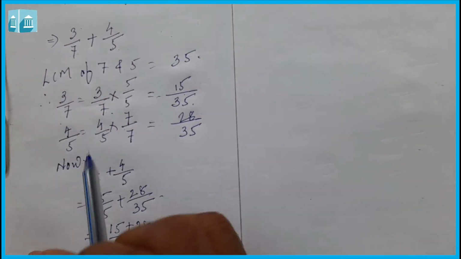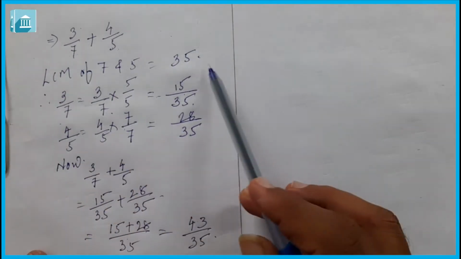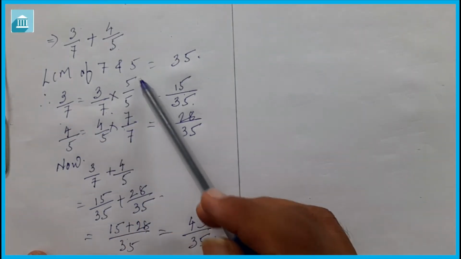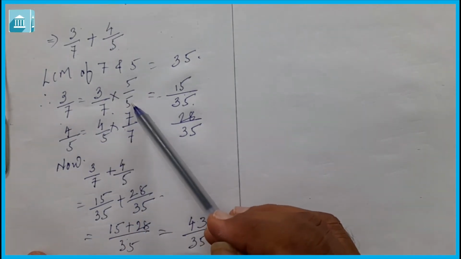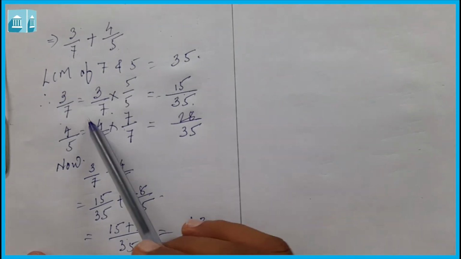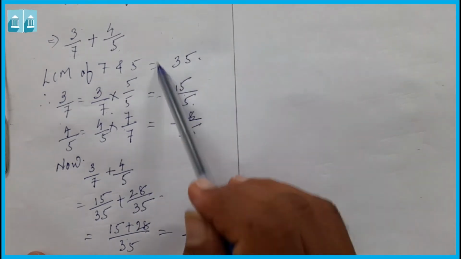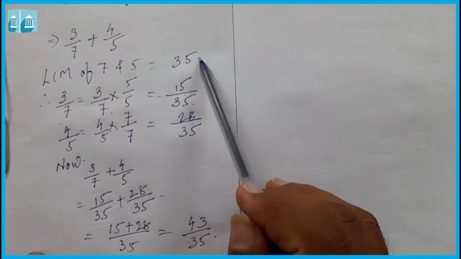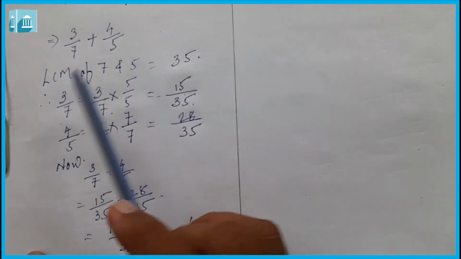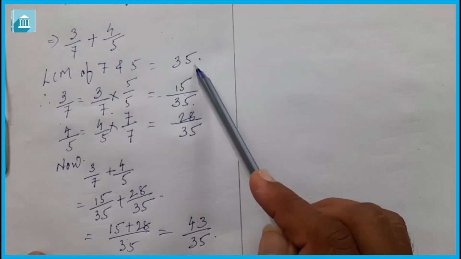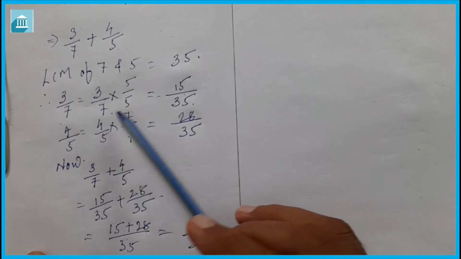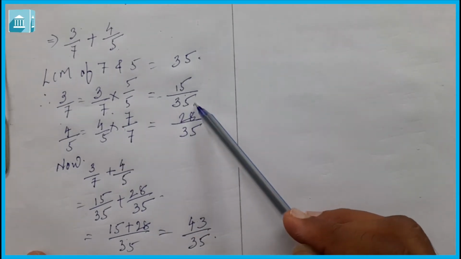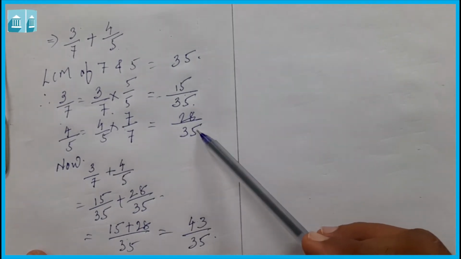To add unlike fractions, first we have to convert them into like fractions by the method of equivalent fractions. To find the equivalent fractions, we have to find the LCM of the denominators. LCM of 7 and 5 here is 35, so 7 into 5 is equal to 35, 5 into 7 is equal to 35.